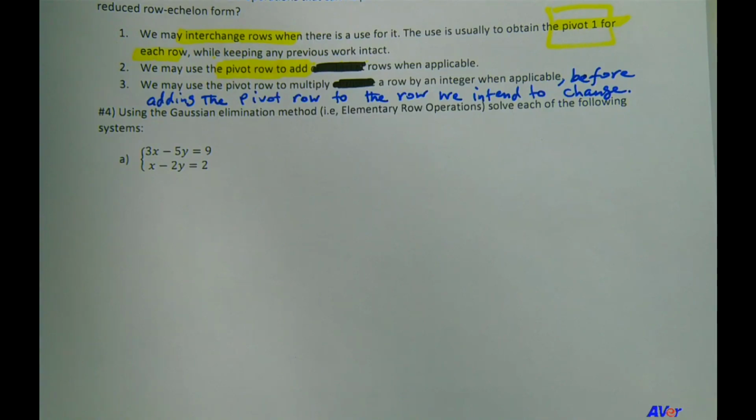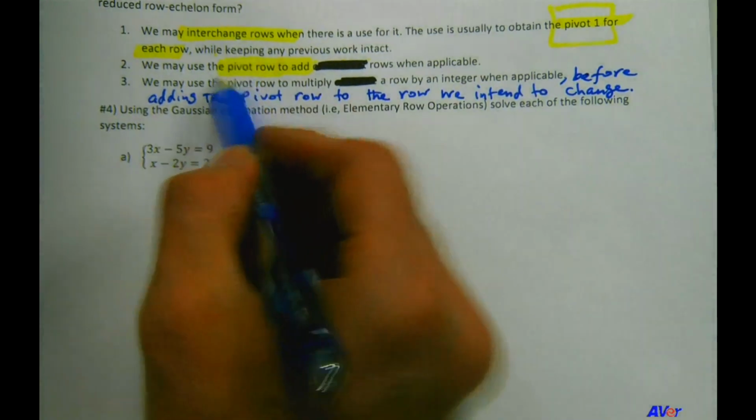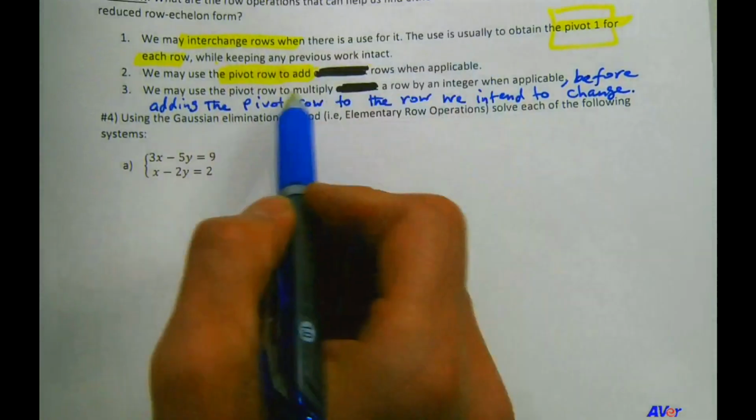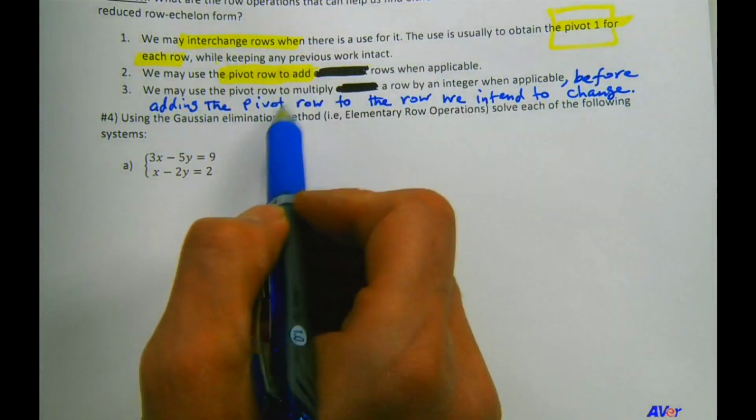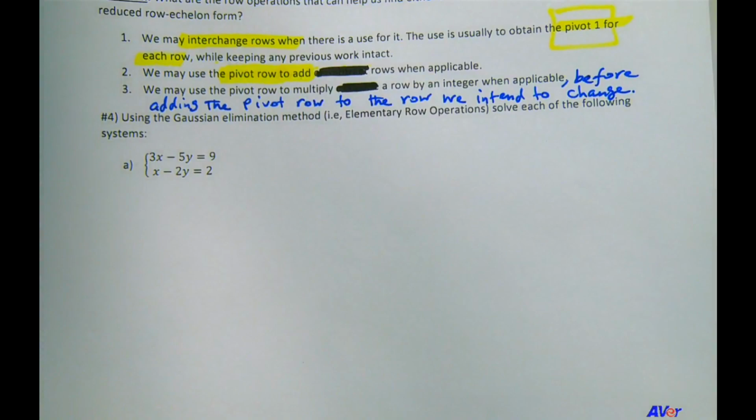Because you are new to this procedure, I strongly encourage you to stay away from any presentation of this method that asks you to subtract or divide rows by each other, or divide numbers by each other. Okay? Just stick with interchanging rows, adding rows, and multiplying rows. And let me also highlight the word multiply here.